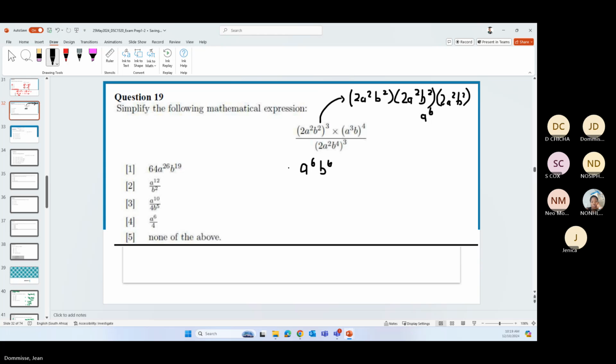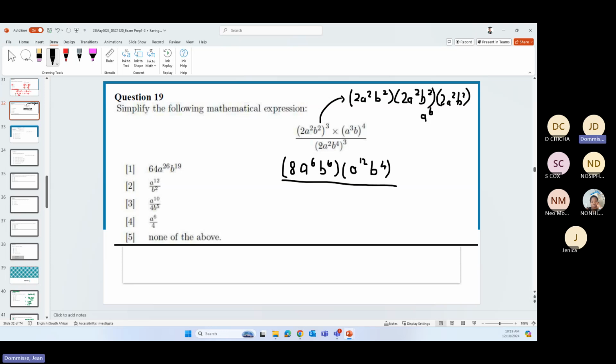So that first component is 8a6b6. Then a to the power of 3 to the power of 4 is 3 times 4 is 12. b to the power of 4 is b to the power of 4, because 1 times 4.